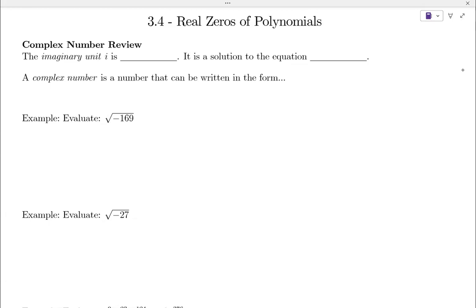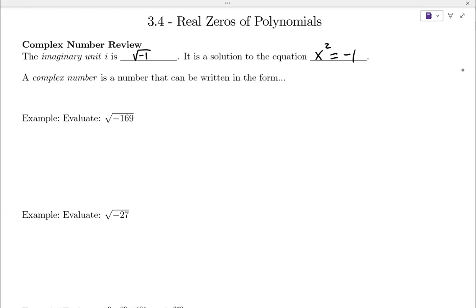So just to review a little bit of complex numbers, we refer to the number i as what's called the imaginary unit. And generally, we think of that as the square root of -1. Now, why do we think of that as the square root of -1? Well, the imaginary unit came about when trying to solve an equation that looks like this: x squared equals -1.